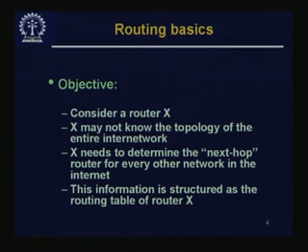So, the objective: consider a router X. X may not know the topology of the entire internetwork. These days everybody wants to be connected to the internet, so we have a giant network of networks spanning the entire globe, and then each network may once again be divided into many sub networks, and there are millions, even billions of machines connected to this network.